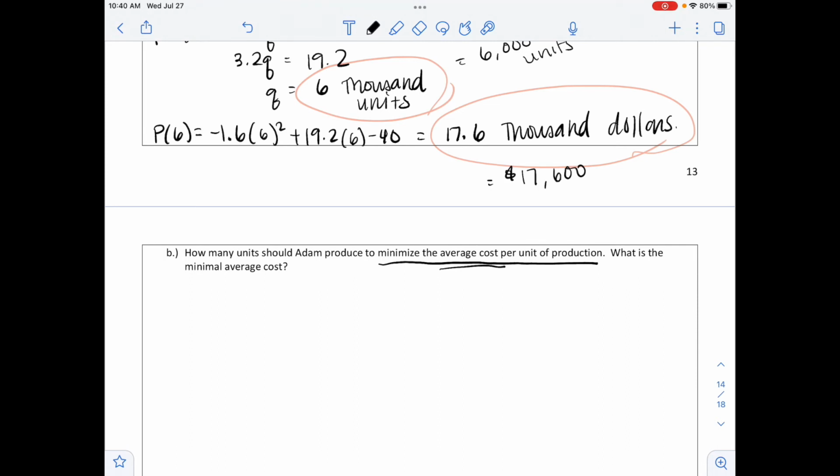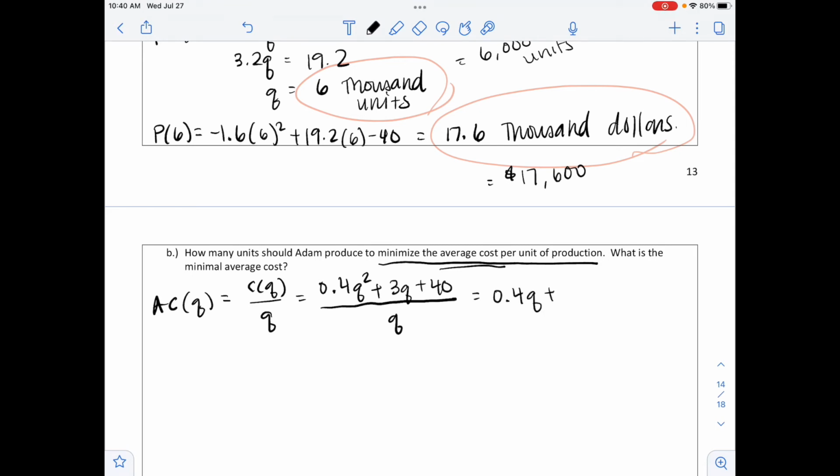In order to come up with our average cost function, which we saw back in chapter 1, this would be our cost function divided by the number of units sold, which we're calling Q. We are given the cost function, and that was 0.4 Q squared plus 3Q plus 40. And we're going to divide this by Q. If you divide each of those terms by Q, this would be 0.4 Q plus 3 plus 40. And instead of saying 40 over Q, I'm going to say 40Q to the negative first.